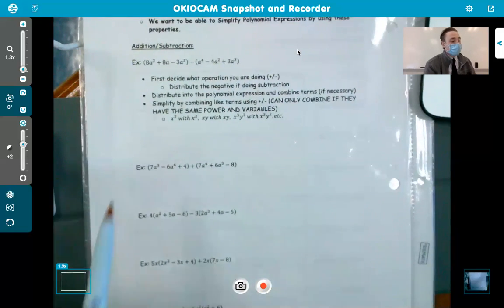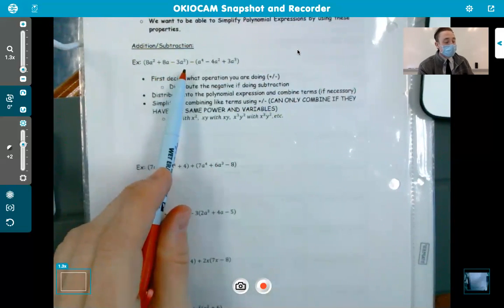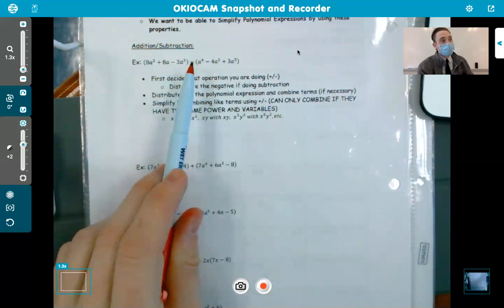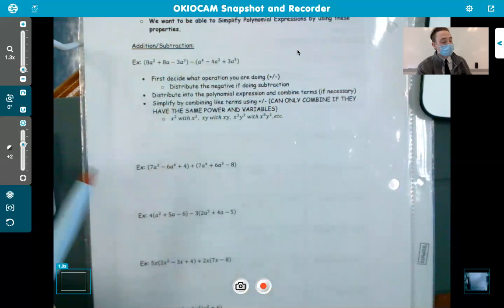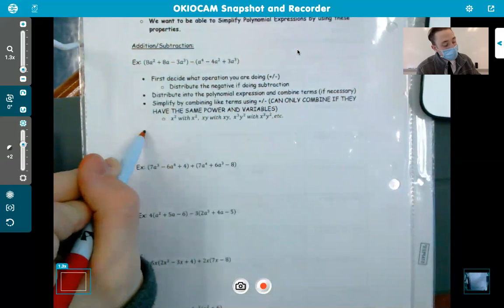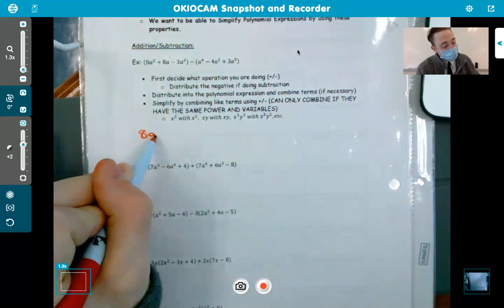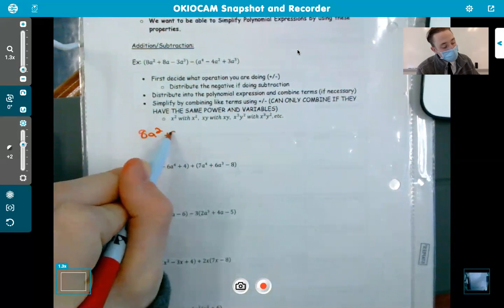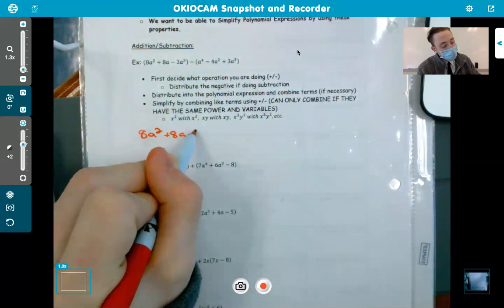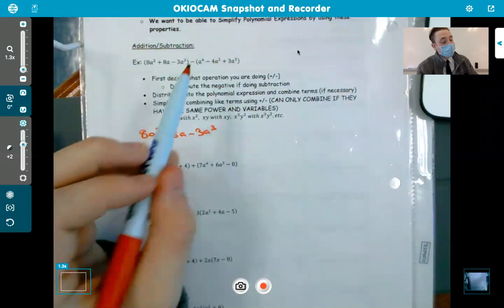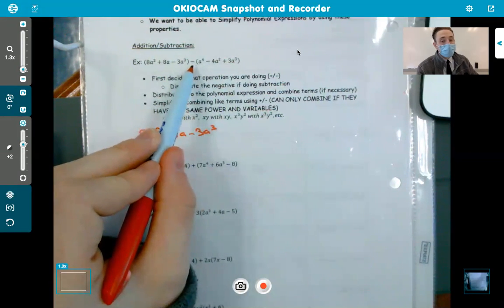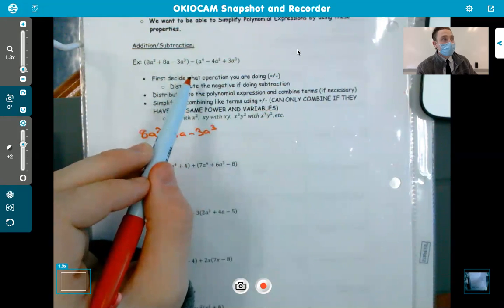I have 8a squared plus 8a minus 3a cubed minus a to the fourth minus 4a squared plus 3a cubed, all right? The first term there isn't going to change at all. I'll still have 8a squared plus 8a minus 3a cubed. But now I notice I have subtraction as my operation.